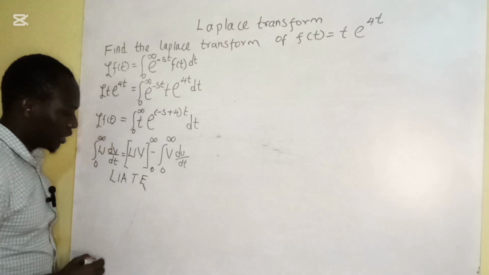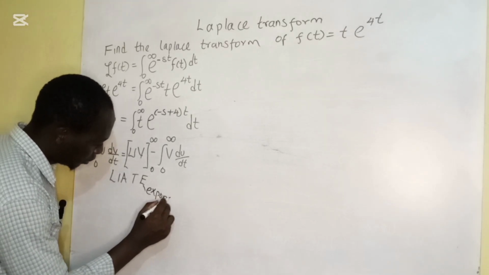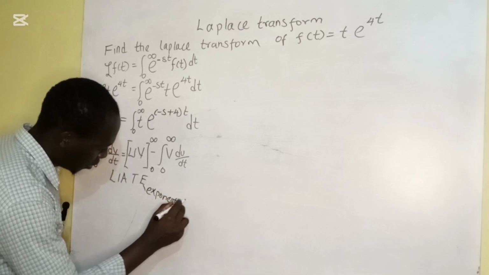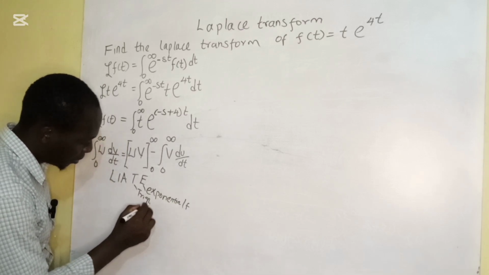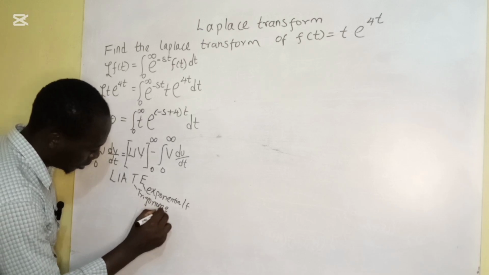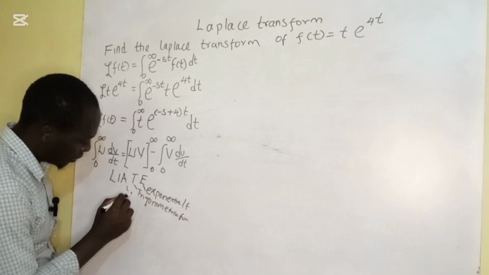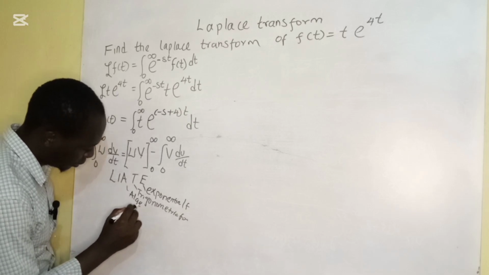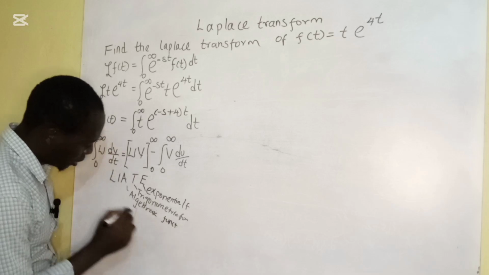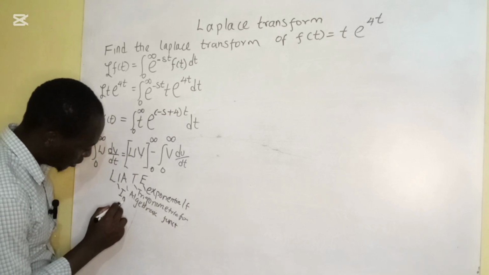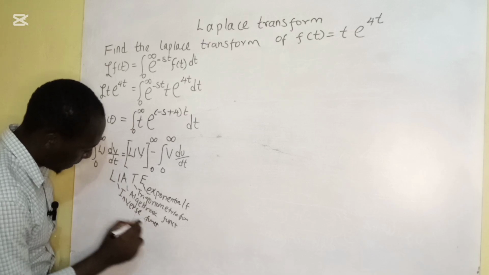whereby e here represents the exponential function. Here we are going to have the trigonometric function. Here the algebraic functions. Here the inverse functions.